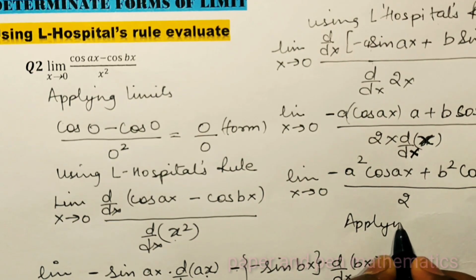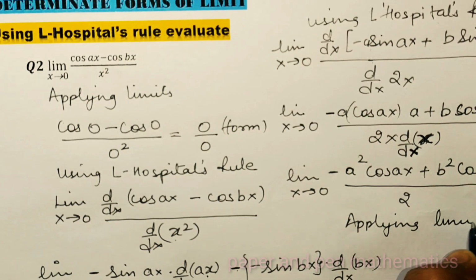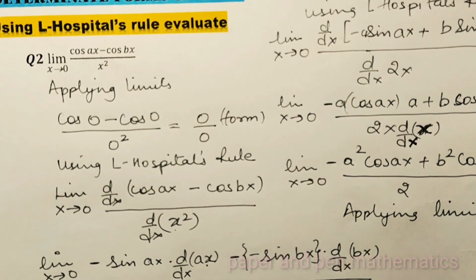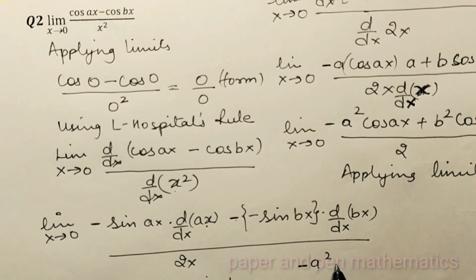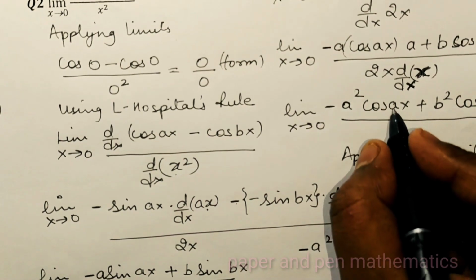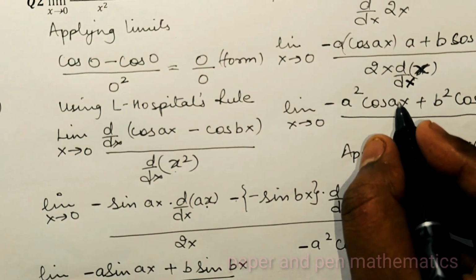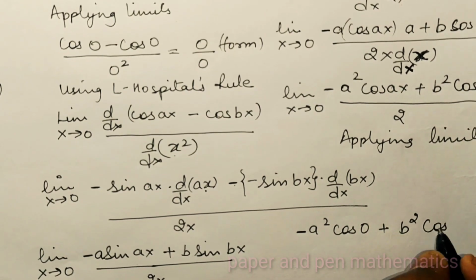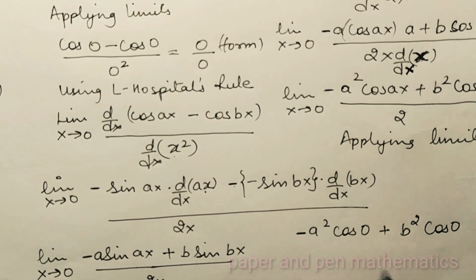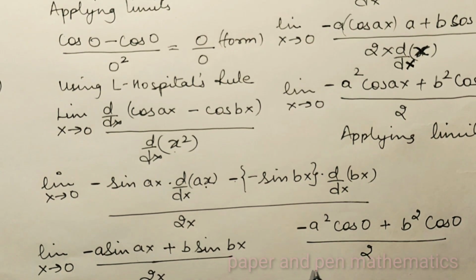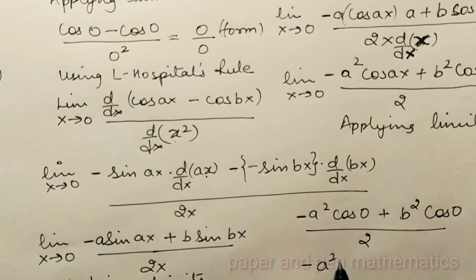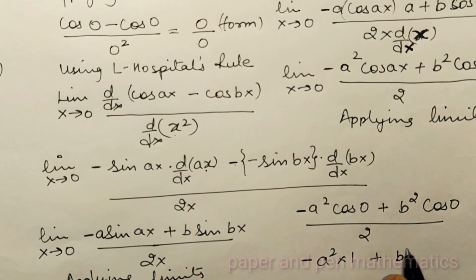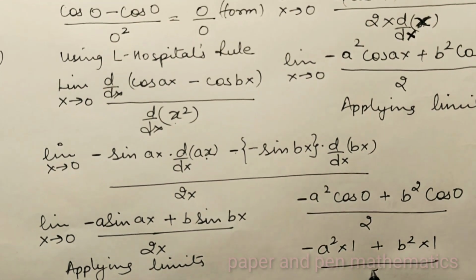So on applying limits, which is minus a square cos, now cos a into limit is 0, a into 0 will be 0 degree, plus b square cos b into 0 will be 0 degree, whole divided by 2. Now we know very well that cos 0 degree is 1, same here, cos 0 degree is 1, whole divided by 2.